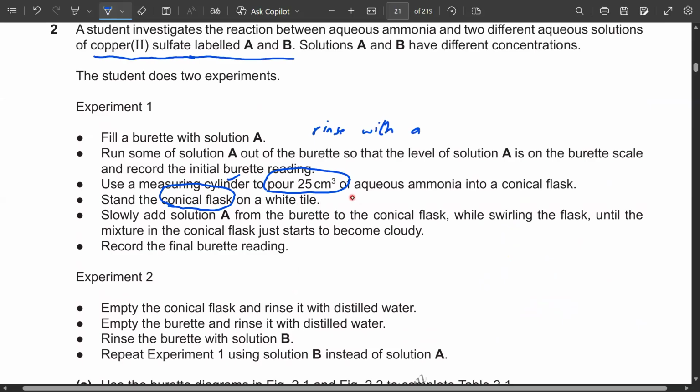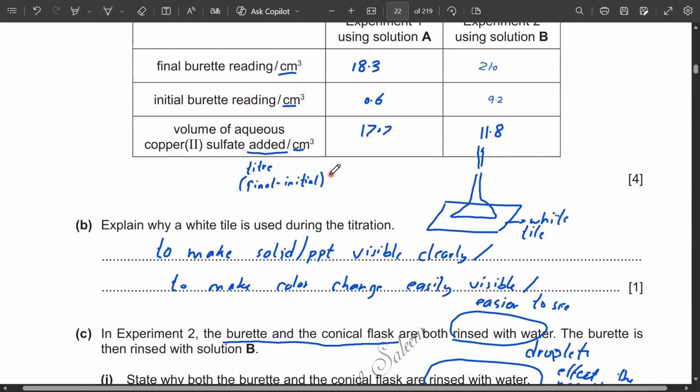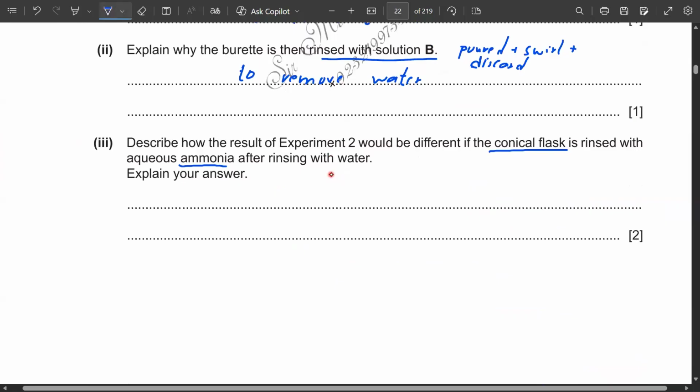If we rinse with ammonia before doing the titration, that value will also be added into the 25 cm cube of ammonia, because 25 has to be added separately. So this will increase the volume of the ammonia present in the conical flask. So we will write here, there will be more than 25 cm cube of aqueous ammonia in conical flask.